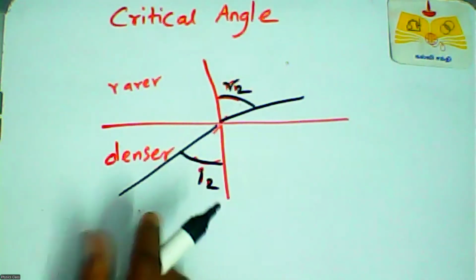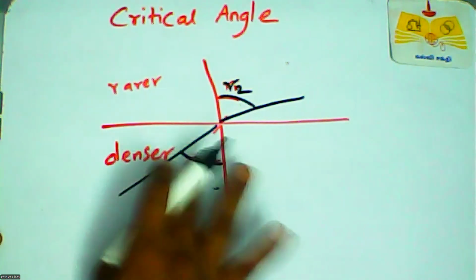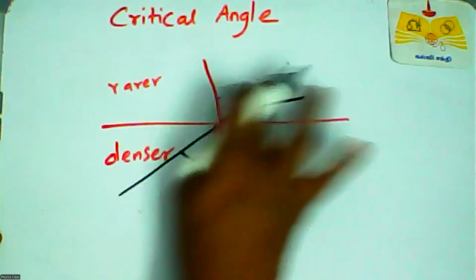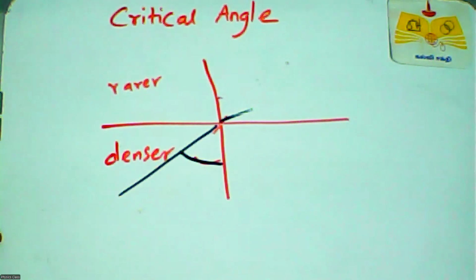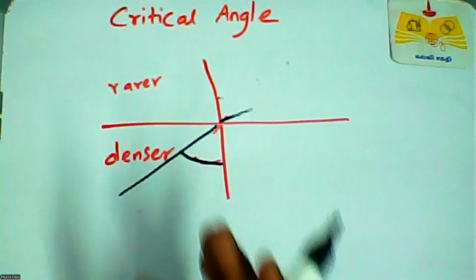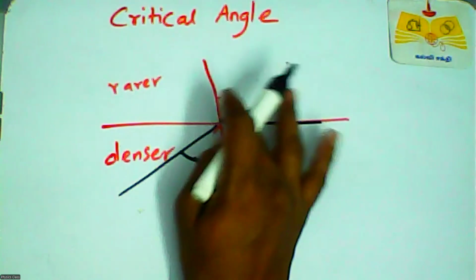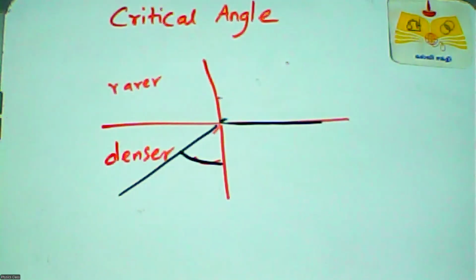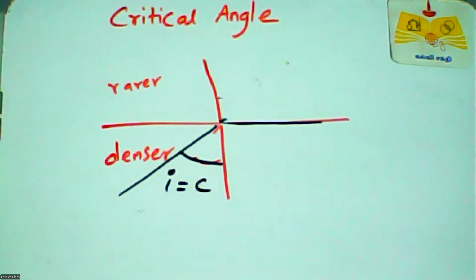Then again you increase the incident angle. Finally, the refracted ray or refraction angle becomes 90 degrees, which traces the boundary. In that case, the angle of incidence becomes the critical angle, C.